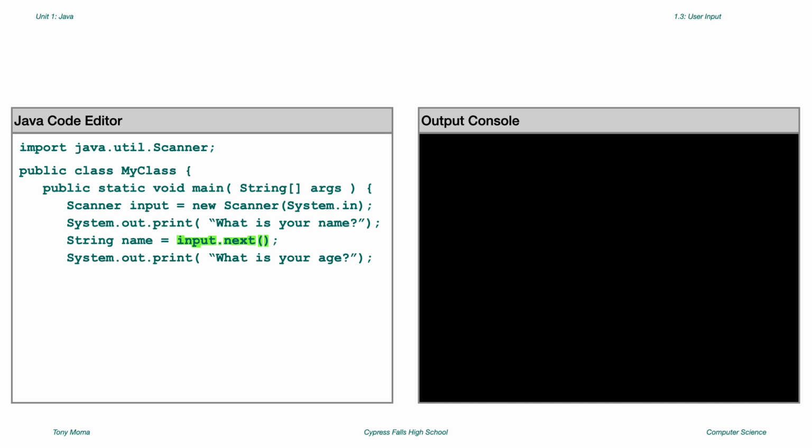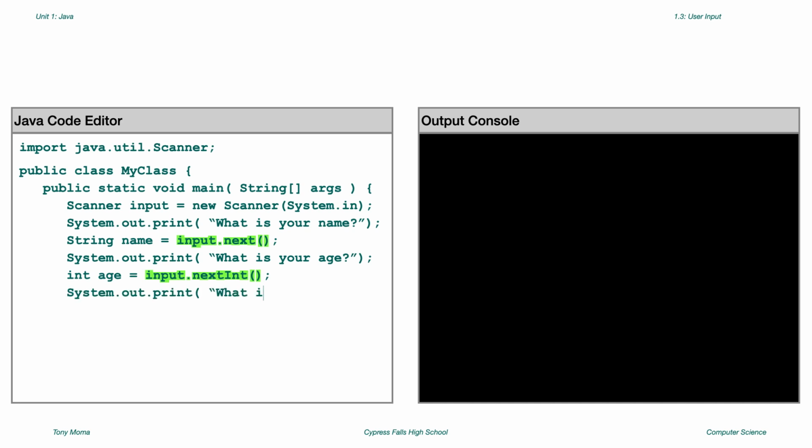Instead of using the next method, I will use the nextInt method. I would call input.nextInt, then store the response inside an integer. Now, if I use the nextInt method, then the user's response must be a whole number. If the user types anything other than a whole number, this will cause your program to crash.